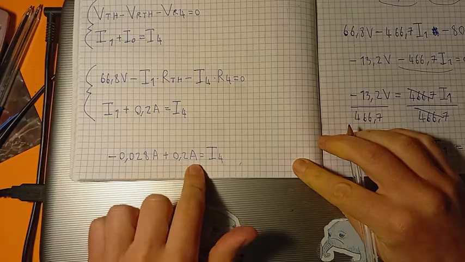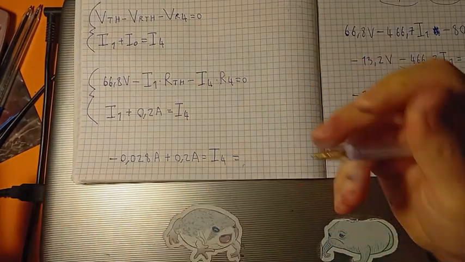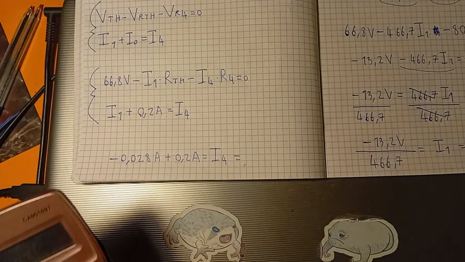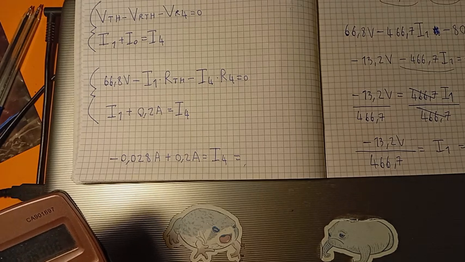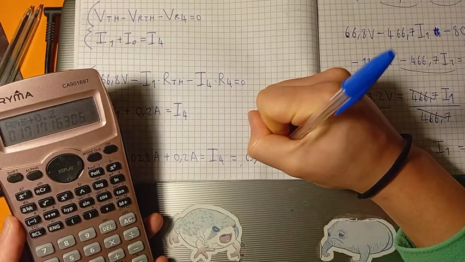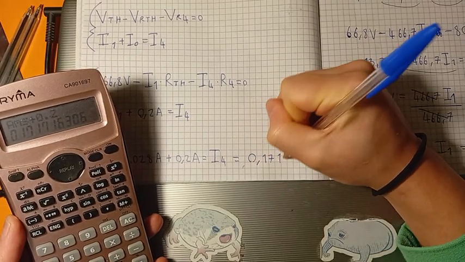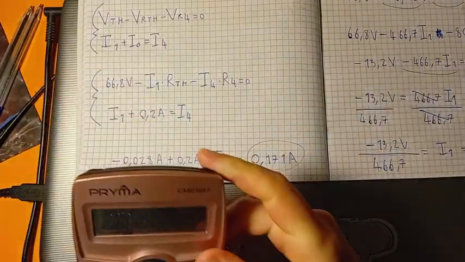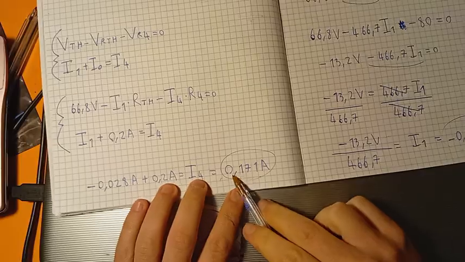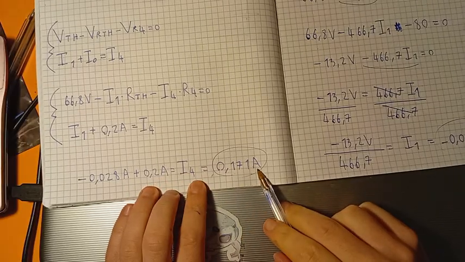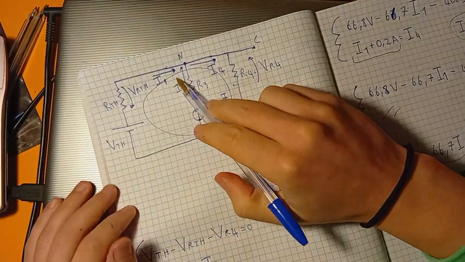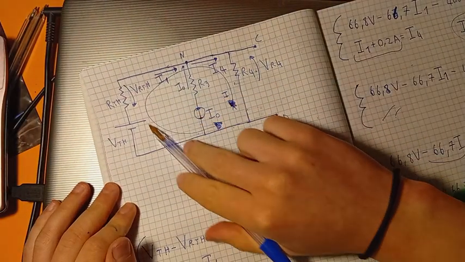So this is the value of I4. Let's find out how much it is. The result is positive. So it means that about I1 the direction was wrong.